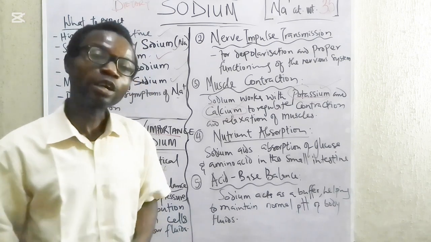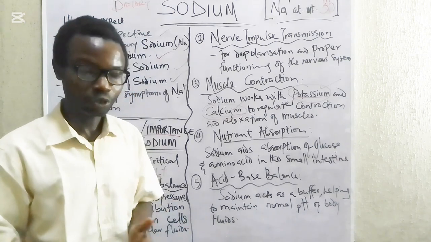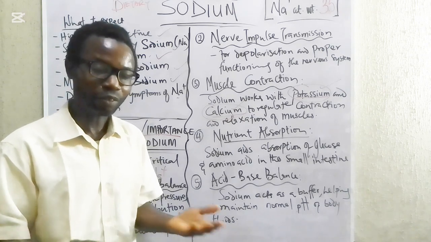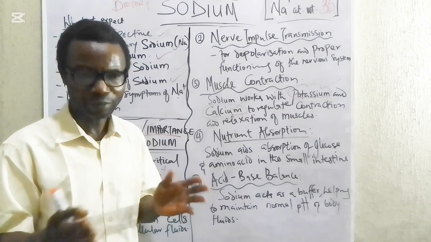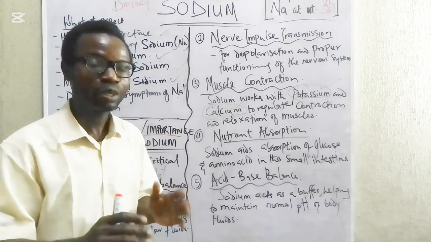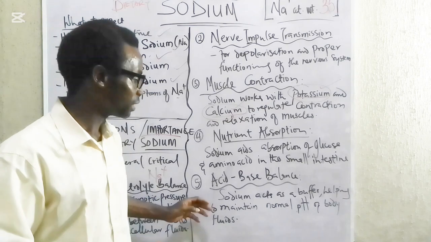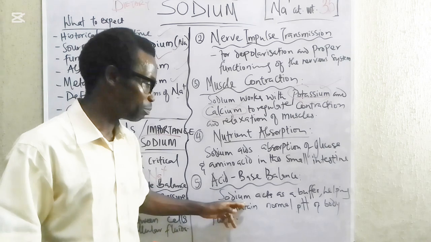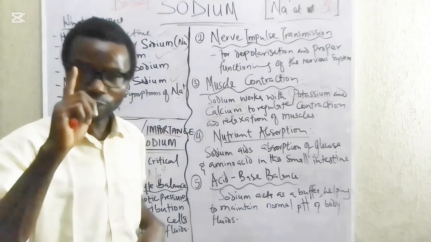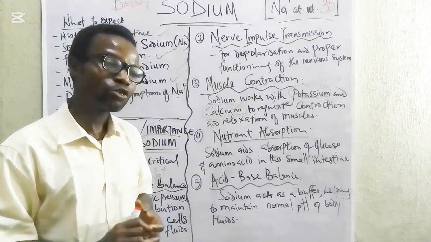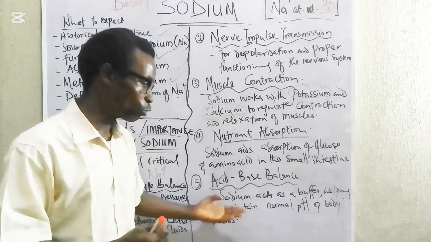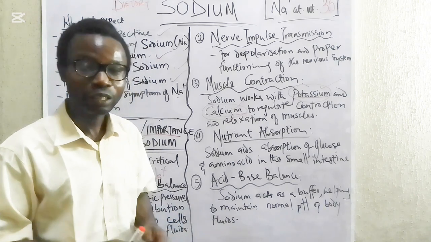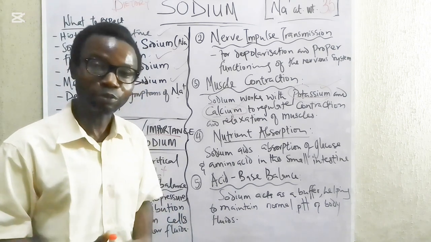In other words, the reaction between an acid and a base usually leads to a neutral pH, between the range of, let's say, 6.8 to 7.2, with 7 being the most neutral, the pH of good water. Acid-base balance in the body fluid is maintained by the presence of sodium, being a group 1 element. So if there's so much acidity, the presence of sodium will help to normalize it, bringing it down so that it's not too acidic to become harmful to the body.